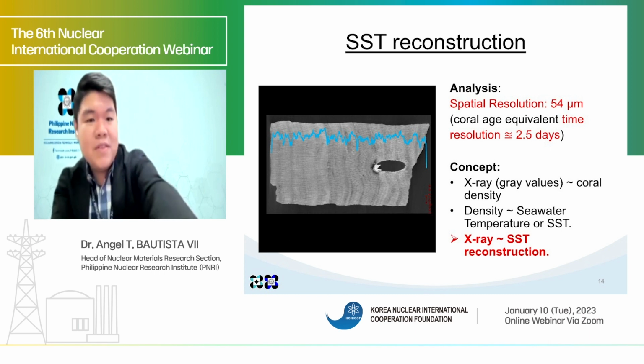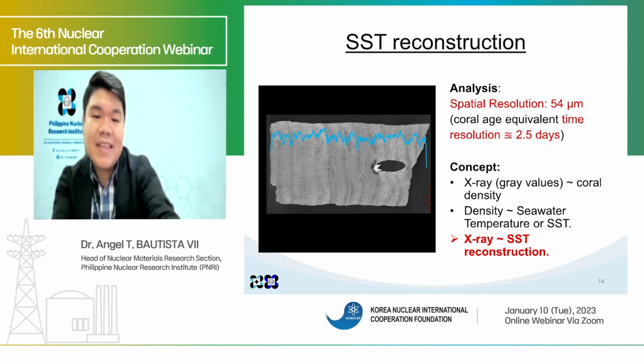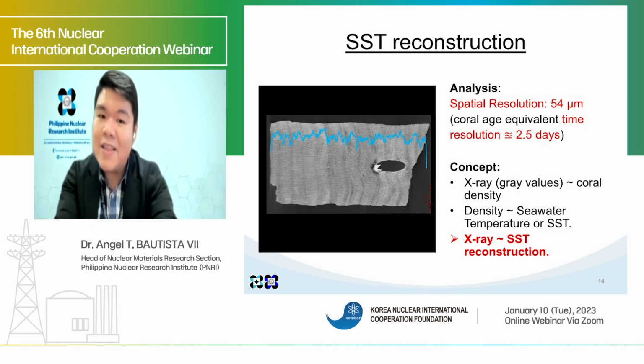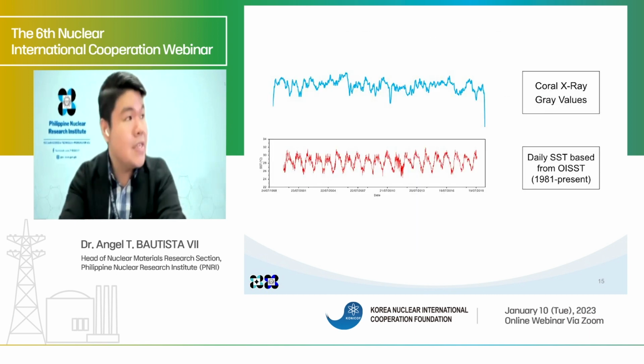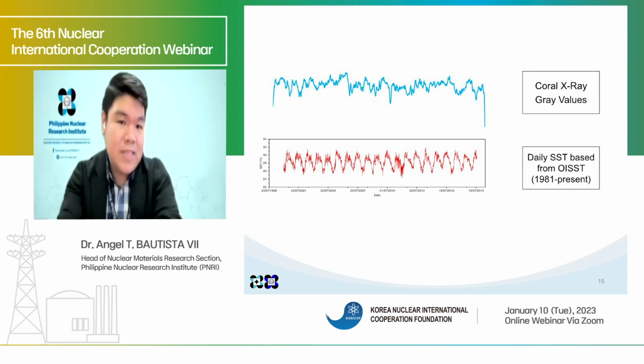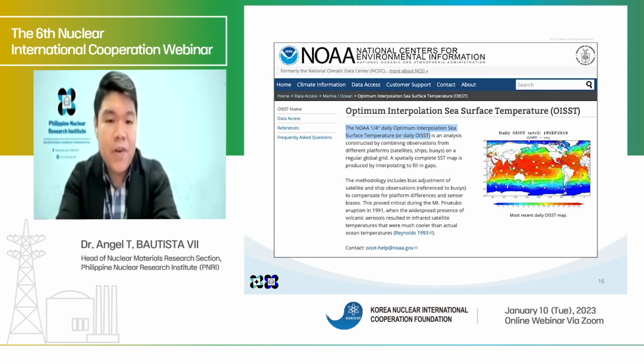So for example, the blue line is the different gray values, how light or how dark each pixel is in the X-ray image. So we take those and then we compare them to a record of daily sea surface temperature, which is available in different data packages. For example, this is from the Optimum Interpolation Sea Surface Temperature data product of NOAA.